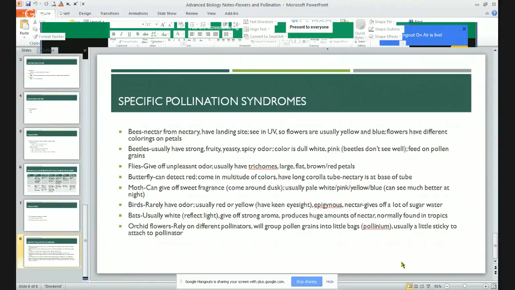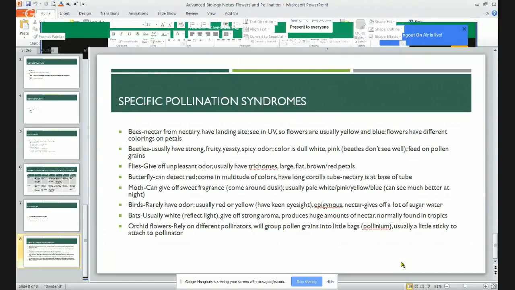Just like with the birds, they require more energy, and they're bigger animals than, say, a bee, so the flowers need to make a lot of nectar for those bats. Bats, for the most part, are around the tropics and the warmer areas, so that's where these particular flowers are going to be.